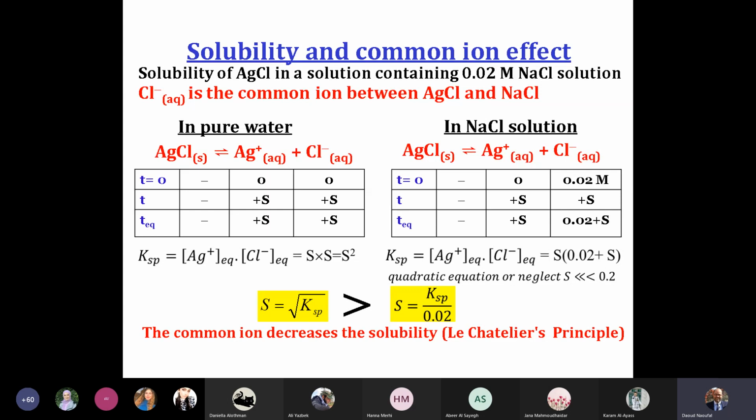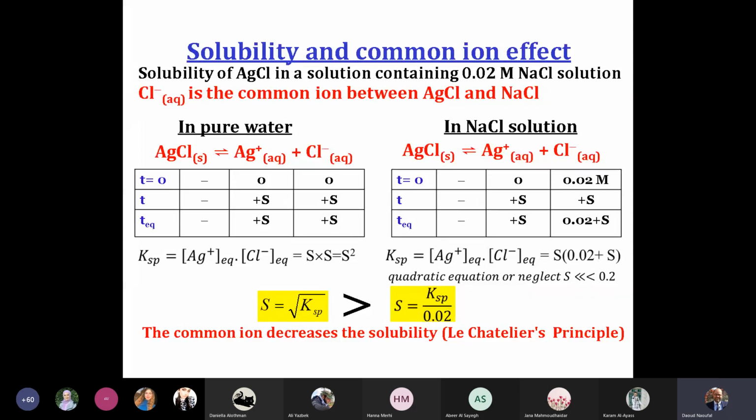You can dissolve HA in a solution containing initially A minus, or you can dissolve HA in a solution containing initially H3O plus. The A minus that is present initially in the solution is a common ion with the A minus of HA. The H3O plus that is present initially in the solution is a common ion with HA. So this is the definition of the common ion.